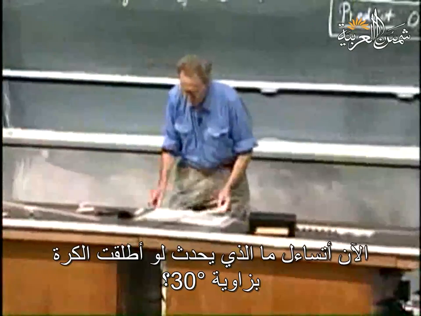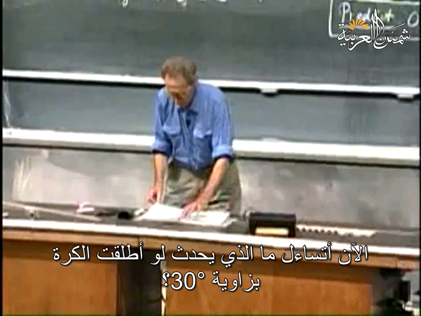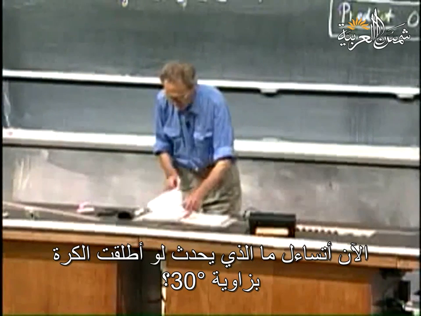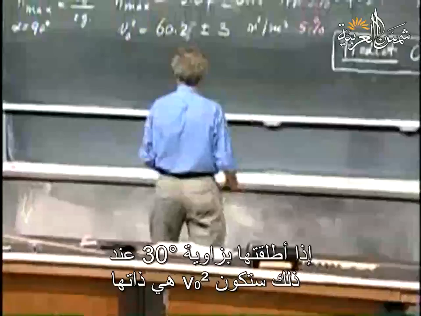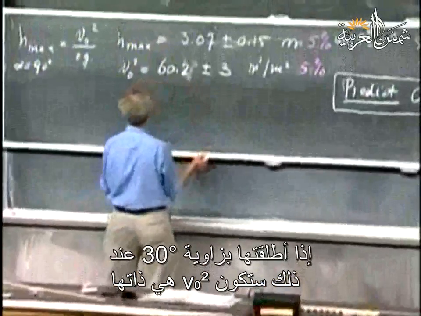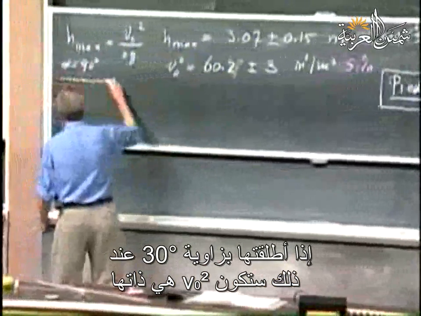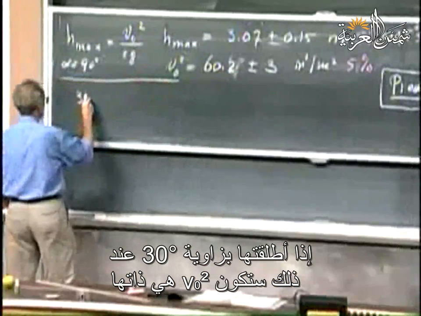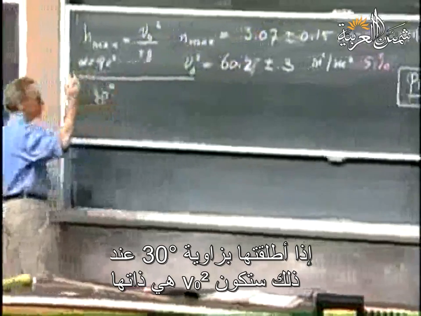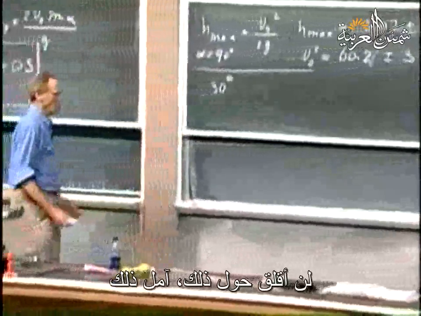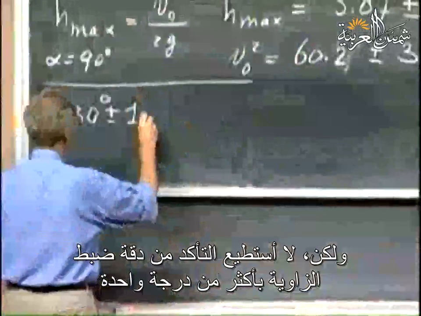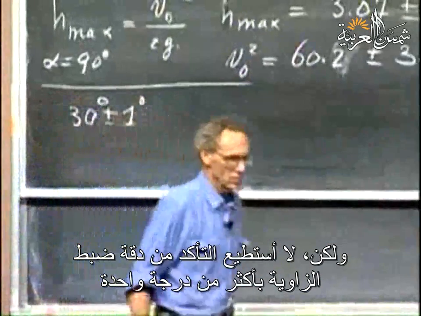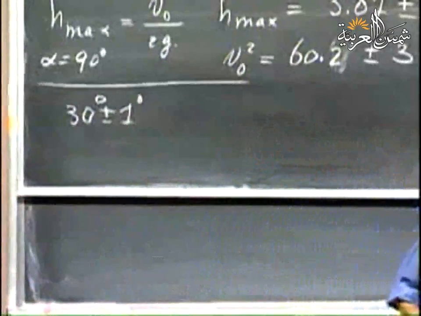So now, I wonder what happens if I fire the ball at 30 degrees. Well, if I do it at 30 degrees, then my V0 squared is the same. I don't have to worry about that, I hope. However, I cannot be certain about the angle to better than 1 degree.